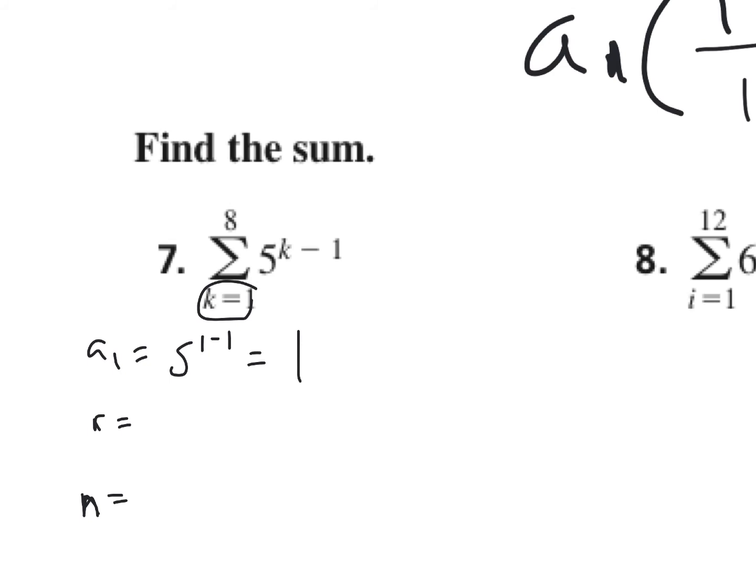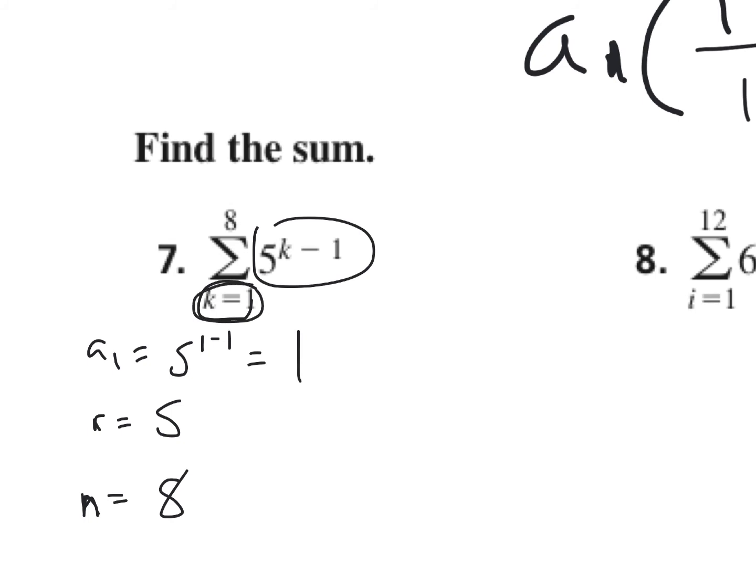What is our ratio? 5. Perfect. Our ratio is whatever has that exponent attached to it. So that would be 5. And then how many terms are we looking at here? 8. We start at 1 and go to 8, so there are 8 terms.